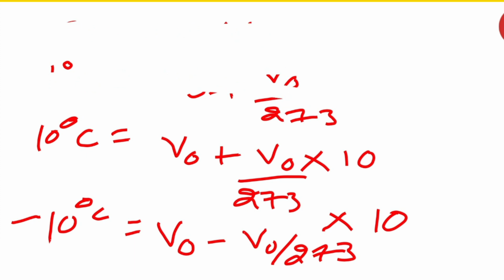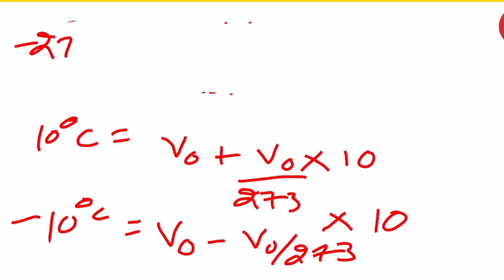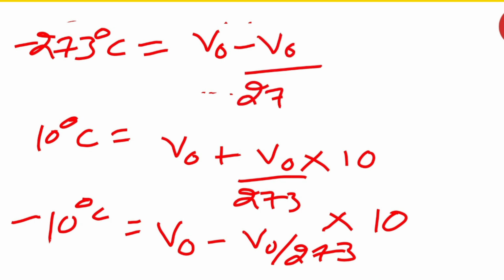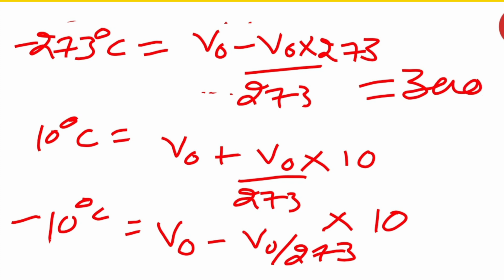Same way, if it is minus 273 degree Celsius, then it is equal to V naught minus V naught upon 273 into 273, which becomes equal to 0.